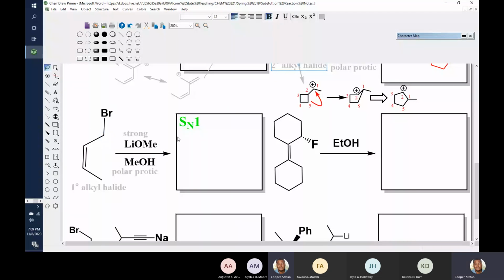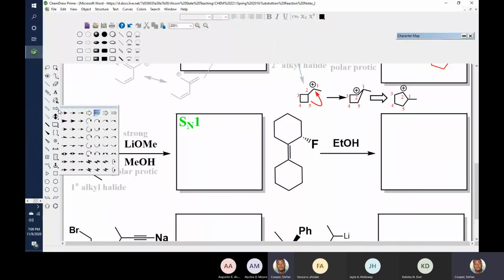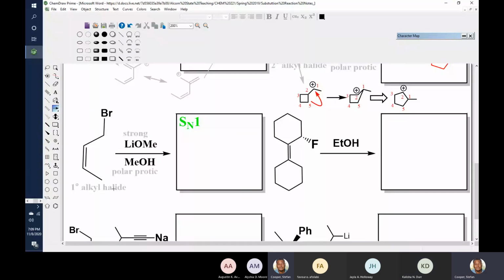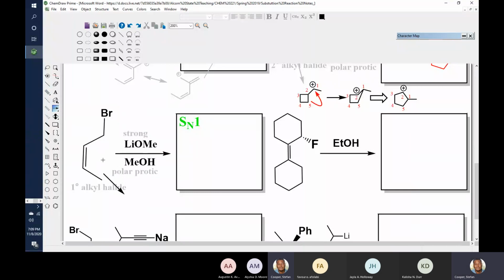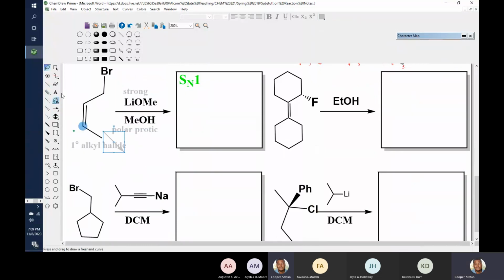This is SN1. What did I have to think about in the back of my mind? Rearrangement. Yeah, the rearrangement. So let's go ahead and draw out the carbocation here. I'm going to draw my line here. Okay, I got my carbocation.